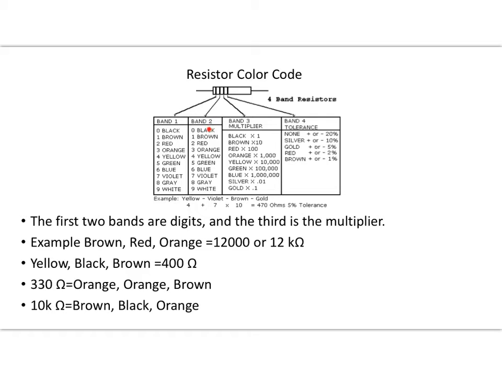The second band gives you the second digit of the resistor value. And the third band gives you the multiplier. And the multiplier, easiest way to think of that is the number of zeros that you have to add to the first 2 digits that you got from the first 2 bands.